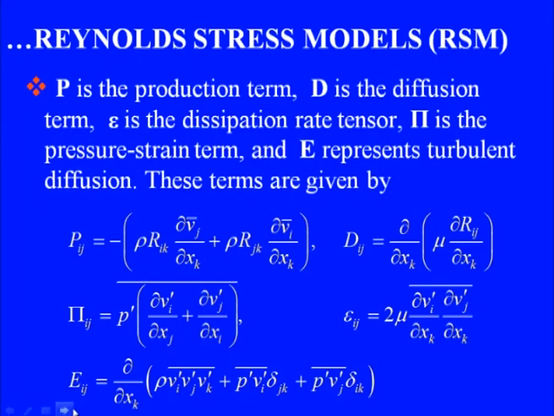The same holds good with Eij, which is ∂/∂xk of the average of ρVi′Vj′Vk′, which is what we call a third order moment, plus the average of p′Vi′ δjk plus the average of p′Vj′ δik. So, now we have introduced additional unknowns through these terms, and these ones, Πij, εij and Eij, must be modeled.